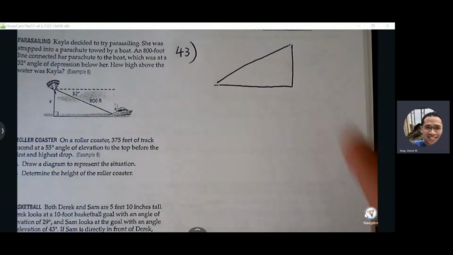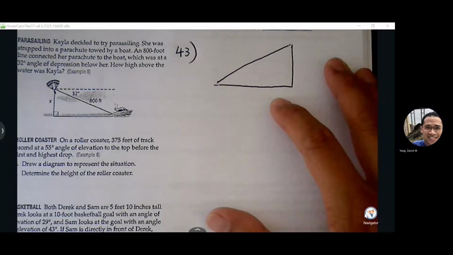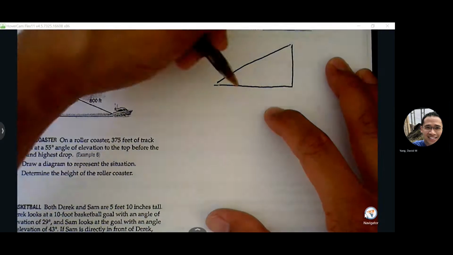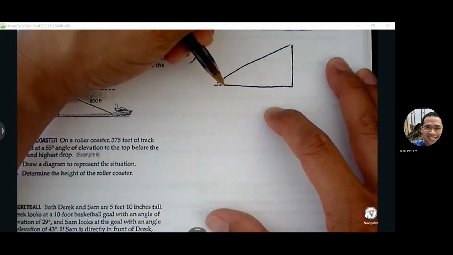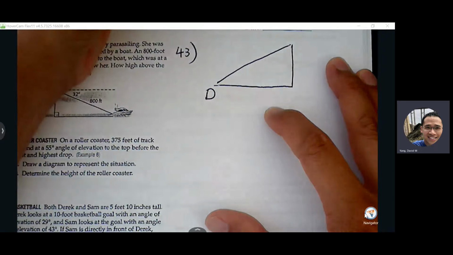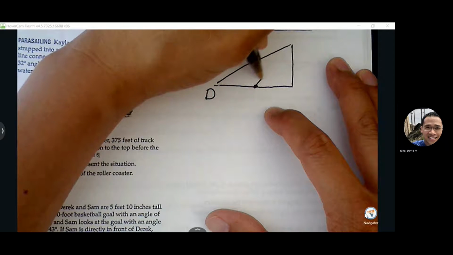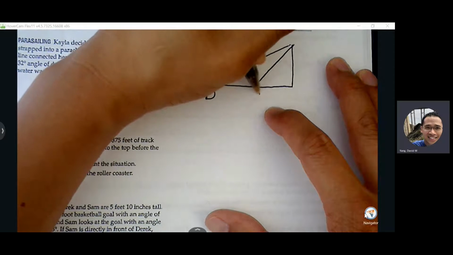Now this triangle is kind of floating in the air, right? The triangle is not with the ground. It's going to be at the height of both Derek and Sam. Derek is the one that's further away, so I'll put D here. And then S is Sam. I'll put S here.